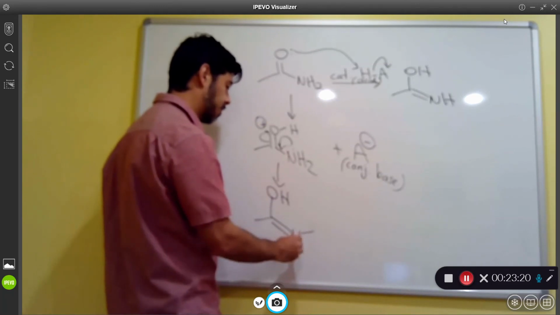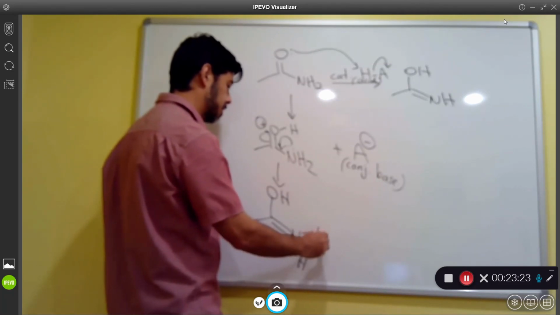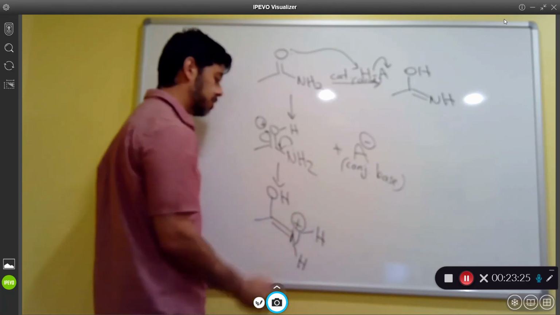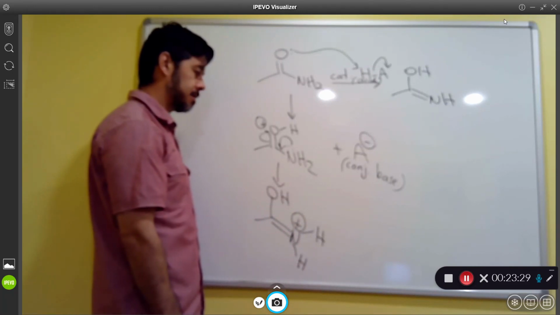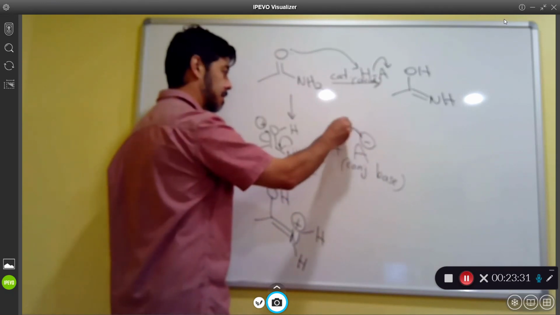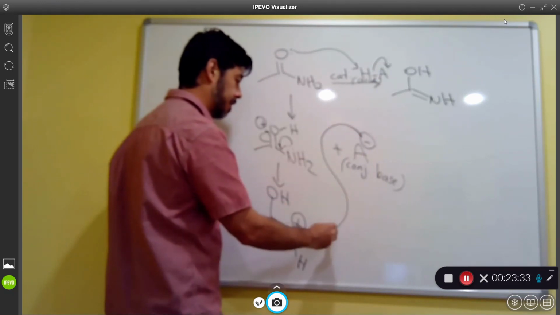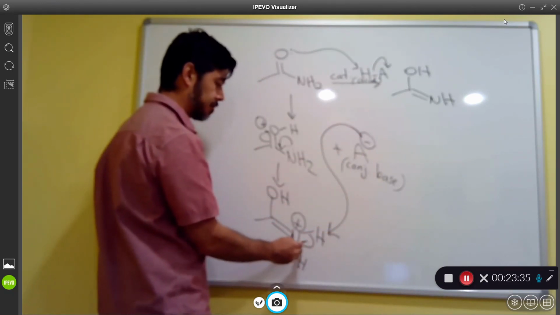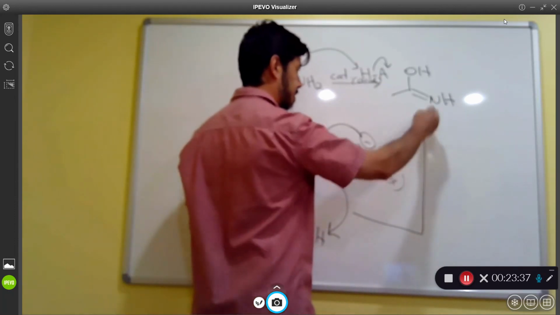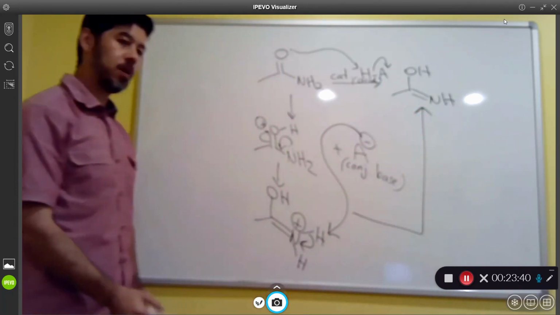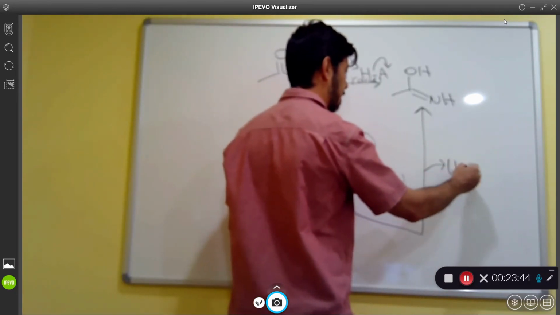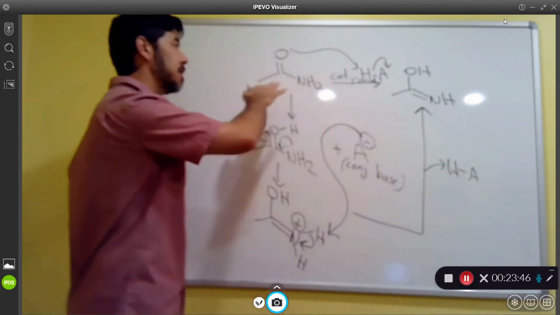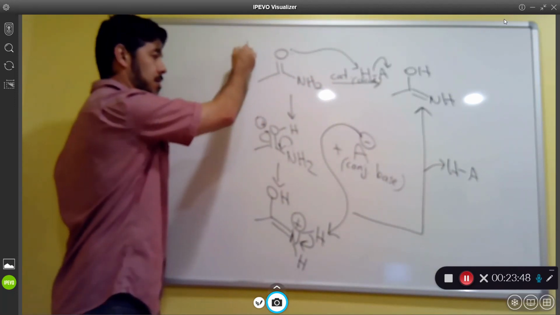Nitrogen now has 4 bonds, so the nitrogen is positively charged. And now our conjugate base can come and pick up a proton from the nitrogen to give us our final product. So the acid is regenerated, and again, this is in catalytic amounts, so that can be used to recruit another starting molecule.